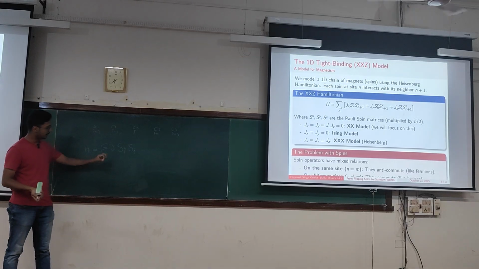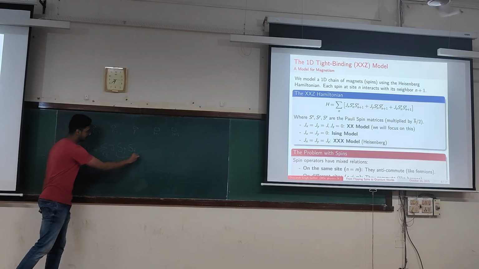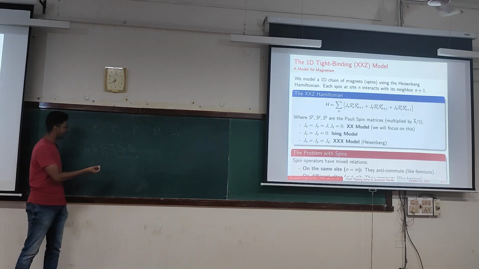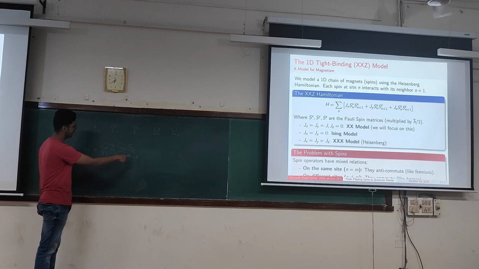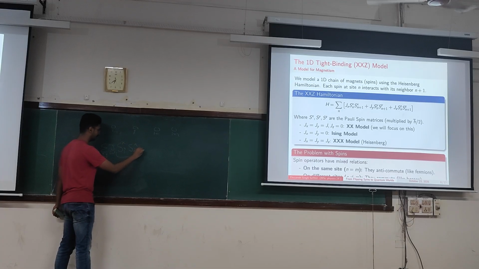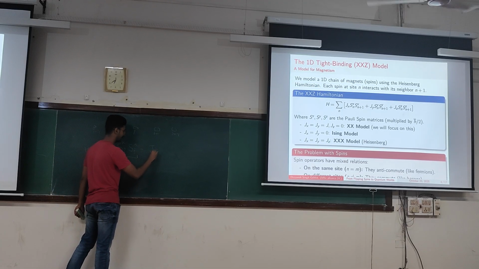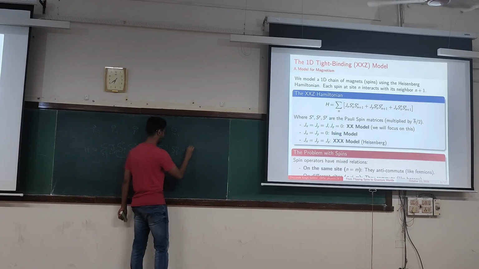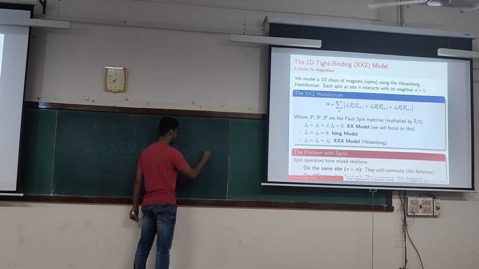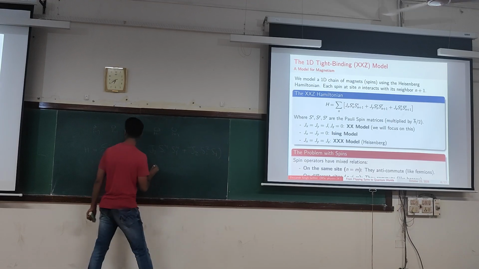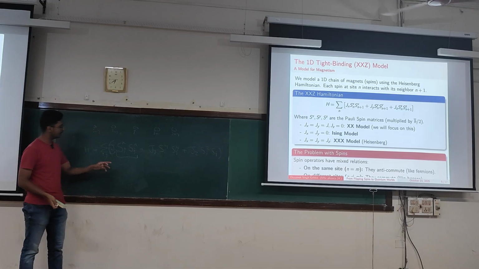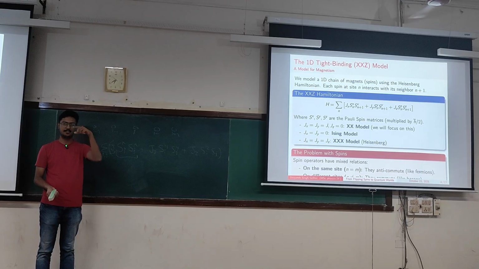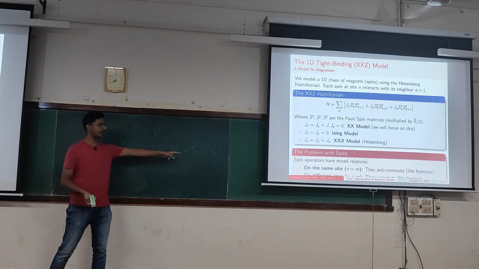So this is the interaction, and this is a coefficient, or scaling factor, and let's say this is the xx term plus the yy term plus the zz term: J Si Sj. Spin has 3 directions, so all 3 directions are interacting like this.